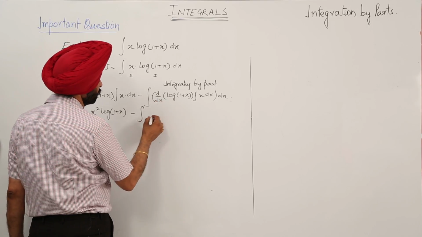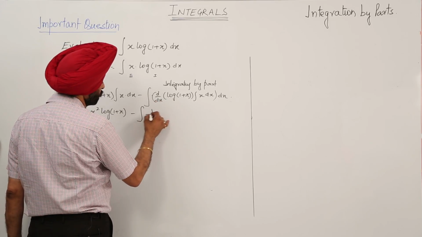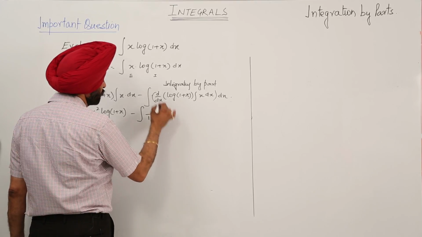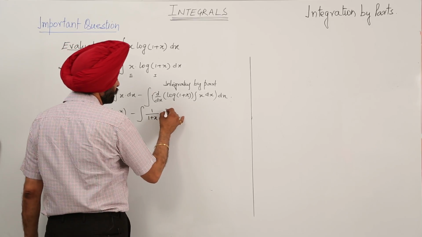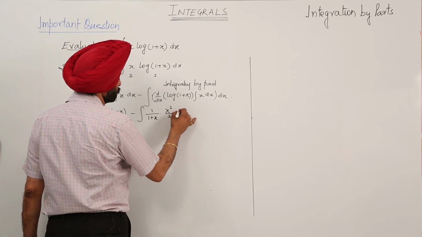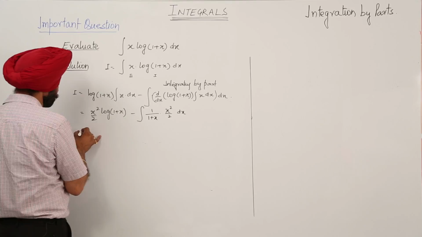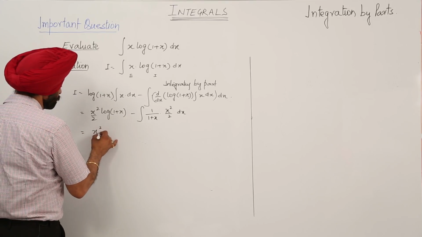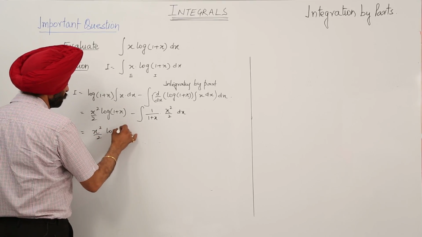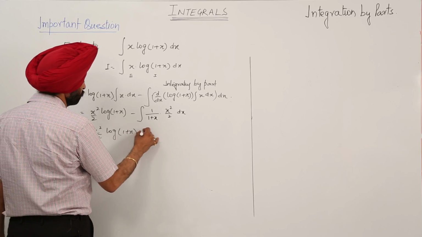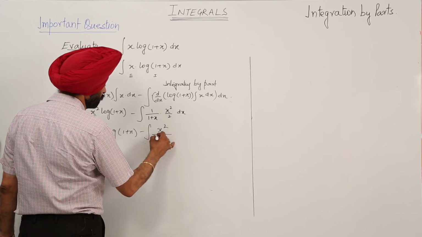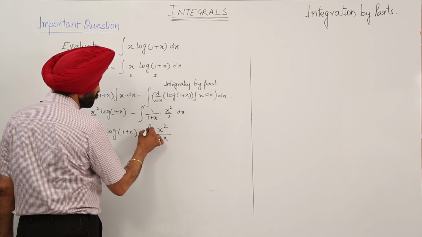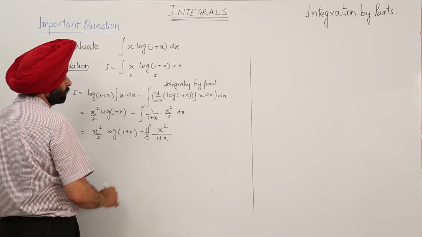Now d by dx of log(1 + x) is 1 upon 1 + x, into the derivative of 1 + x, that is 1, and integration of x is x square upon 2, dx. So x square upon 2 log(1 + x) minus integration of x square upon 1 + x, and this 2, let it be here, dx.